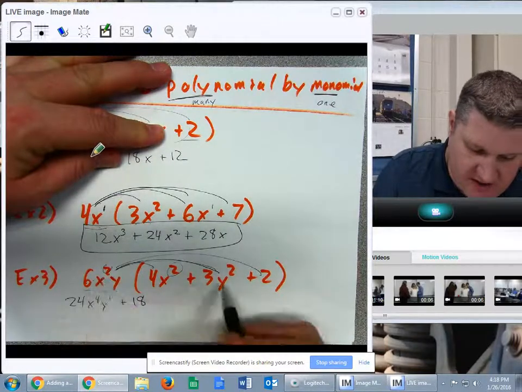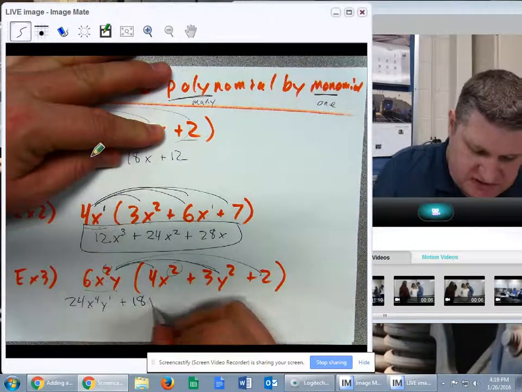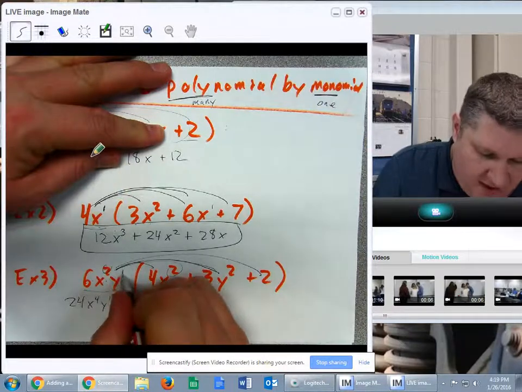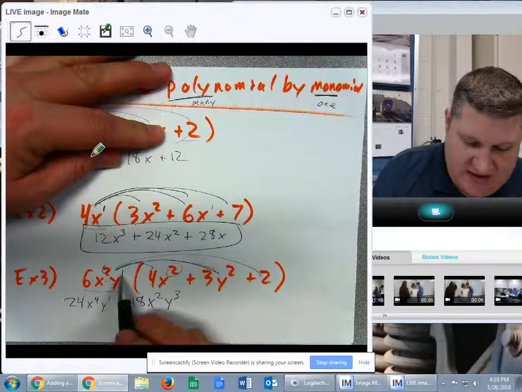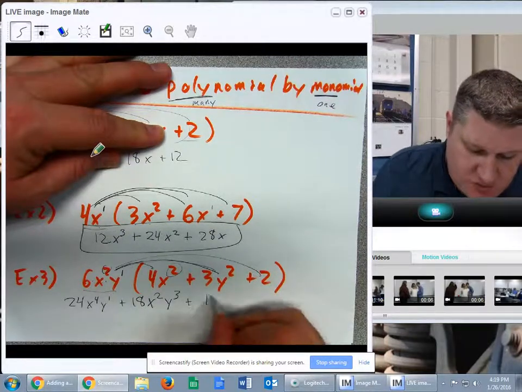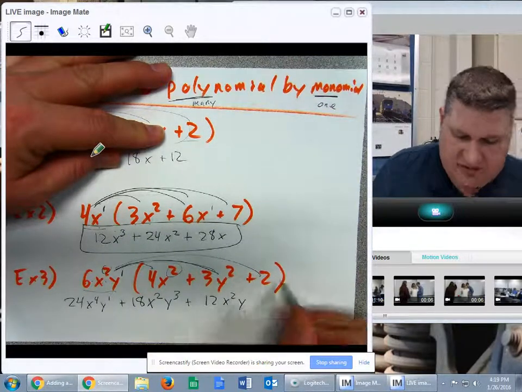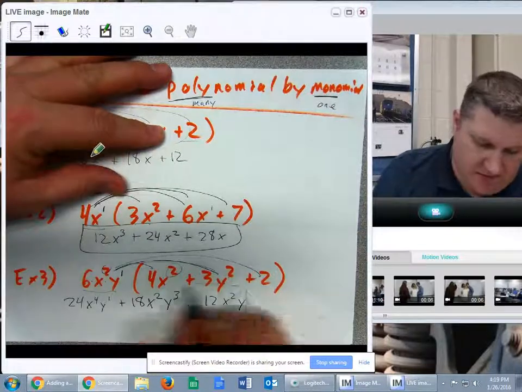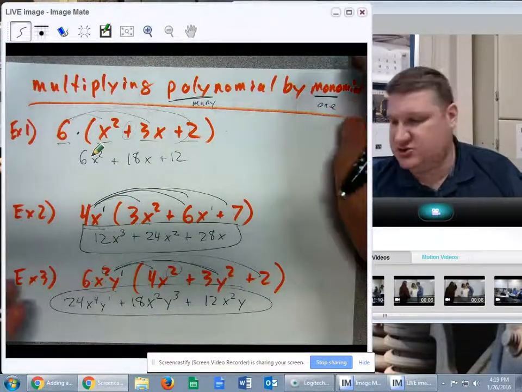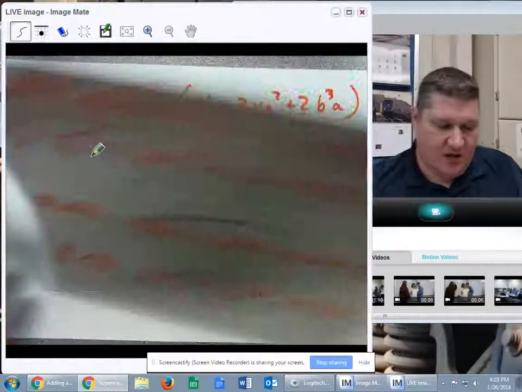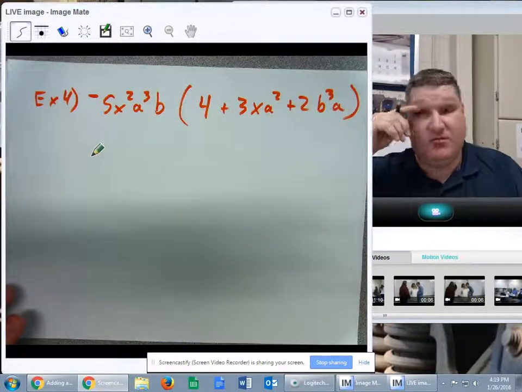Now I got no x's here, so it's just x squared. y to the first times y squared is y cubed, so don't forget that one. Plus 12x squared y, because there's no variables back there at all. So this is where you end up with it. That's monomial multiplication.